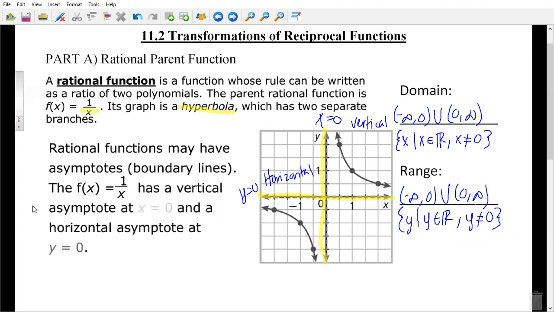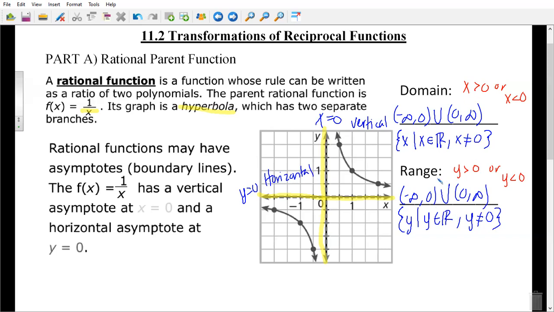Now, in regular inequality notation, for the domain we would simply say that x is greater than 0 or x is less than 0. For the range, we would say y is greater than 0 or y is less than 0. So all three of these are saying the same thing about the domain and range.